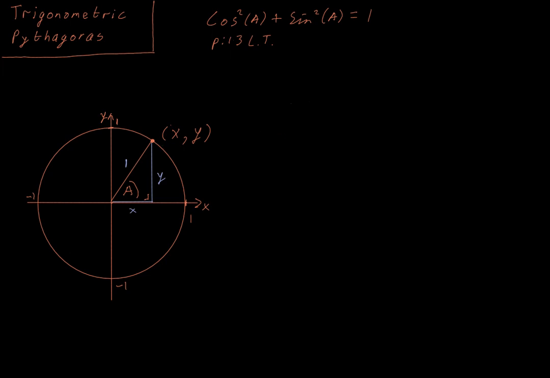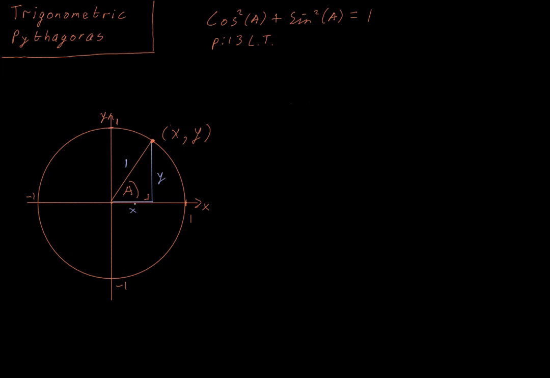So if we imagine that we have a point on our circle and we say its coordinates are x and y, well, because we're centered at the origin, that means that we have gone from the origin across by x and up by y. And we know, because we are on a unit circle, that the radius is going to be 1.